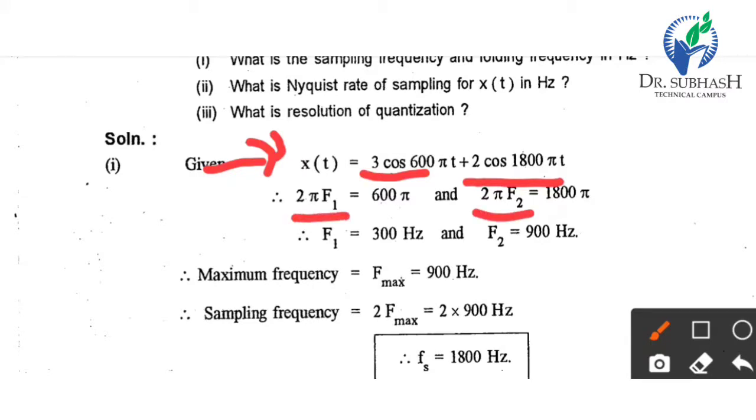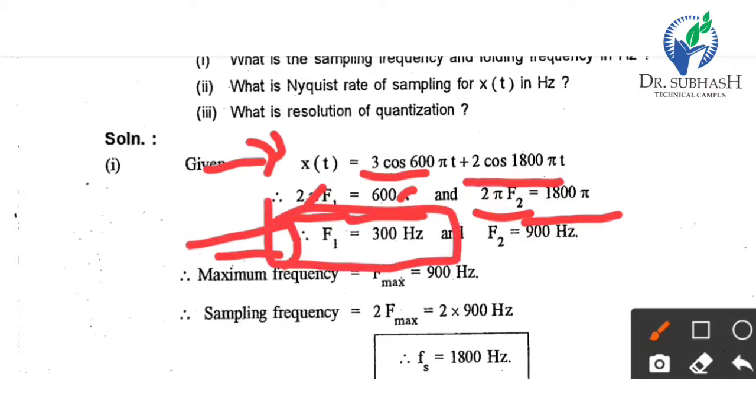So 2 pi f1 equal to 600 pi and 2 pi f2 equal to 1800 pi. So pi cancels. So the 2 multiplying f1 goes to the denominator on the right side, so f1 equal to 300 hertz. Likewise here pi cancels and 2 f2 equal to 1800, so f2 equal to 900 hertz.